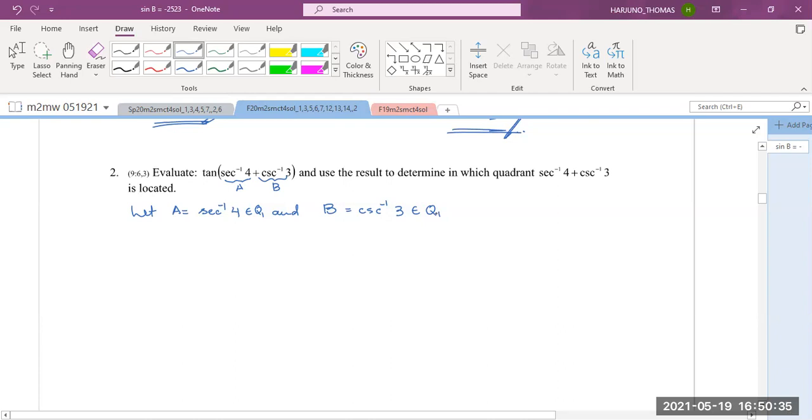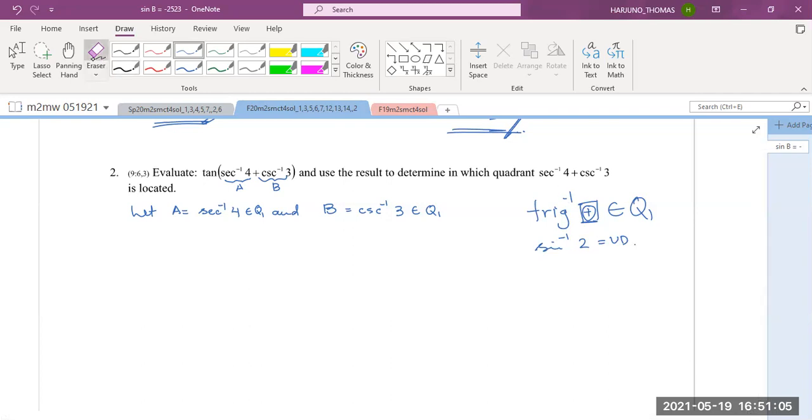But for secant inverse positive and cosecant inverse positive, they must be in quadrant 1. Basically, any inverse trig function, if this is positive, then it must be in quadrant 1. Of course, there's a limitation on what kind of positive number it can be. Sine inverse of 2, for example, is undefined. But if they are defined, then it must be in quadrant 1.